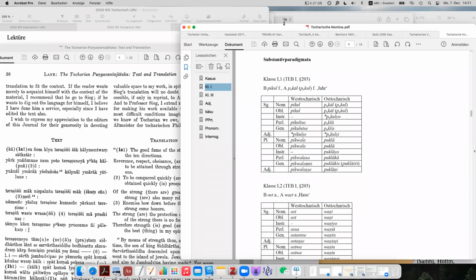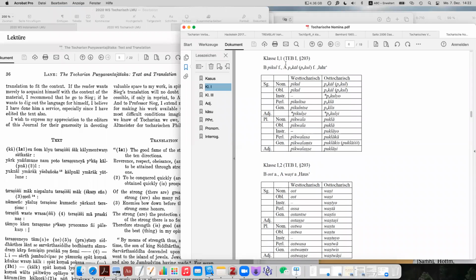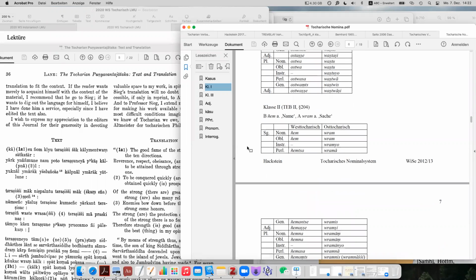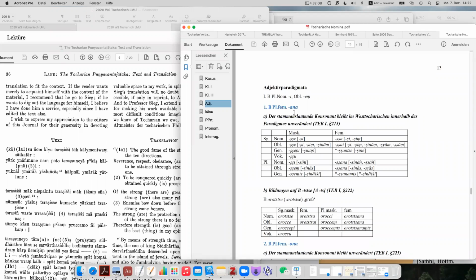You also find the information in the Tocharisches Elementarbuch. So this is class 1, and then this is class 2, and so on. We actually introduced all the classes last time, and then it's the adjectives.